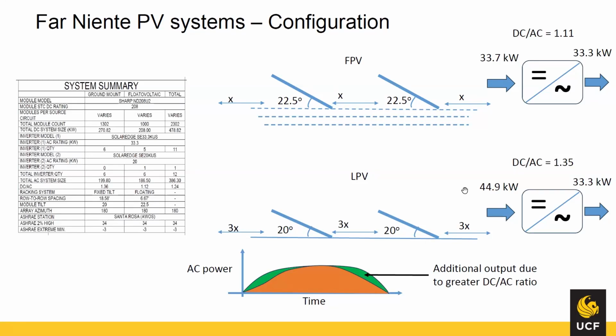Though the array is capable of producing more power, the output flattens. We call this clipping. The background curve is for the high DC/AC ratio. The front one, the orange one, is with the lower DC/AC ratio, which means if you have a bigger PV array, you get into clipping earlier than when you have a lesser ratio.